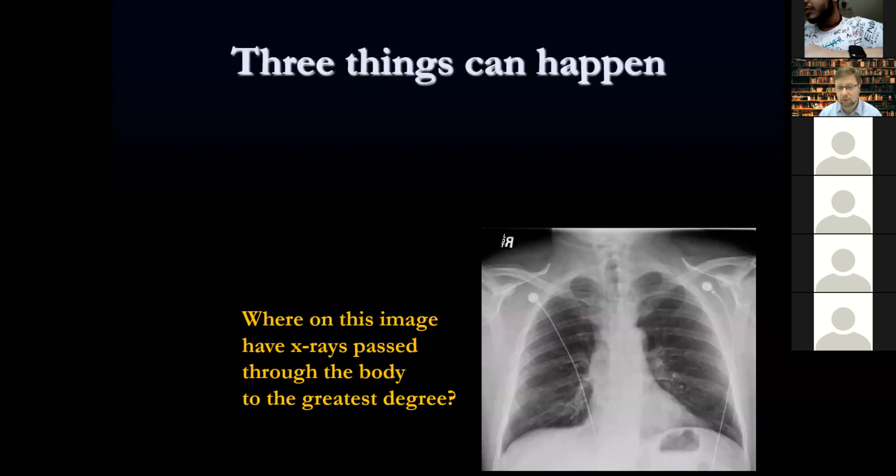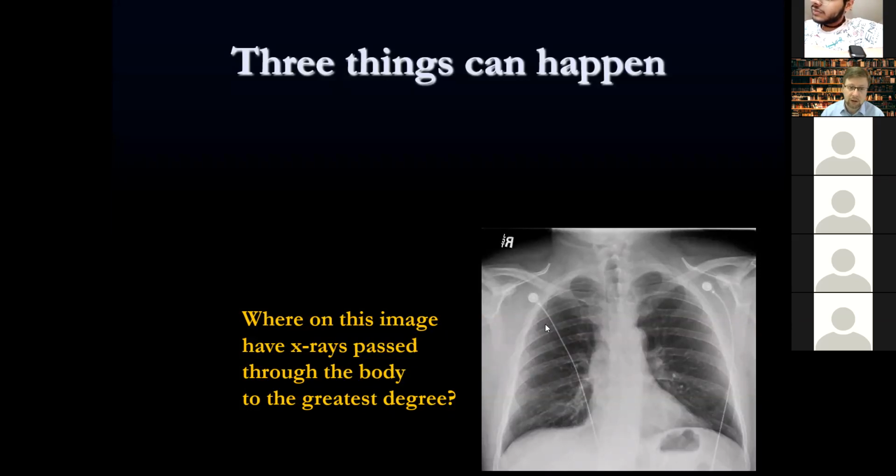They usually look dark, like gases in the bowels, gases in the lungs. If you look into the intercostal spaces, these quadrants, you will see that they are darker compared to other structures. It means they allow the X-ray waves to pass to the maximal degree.